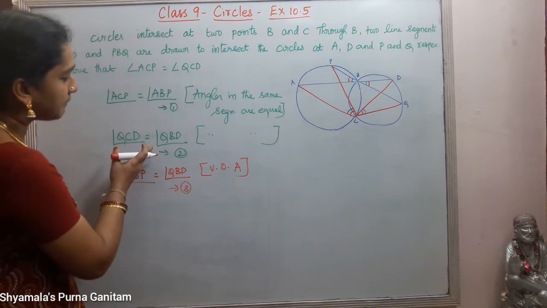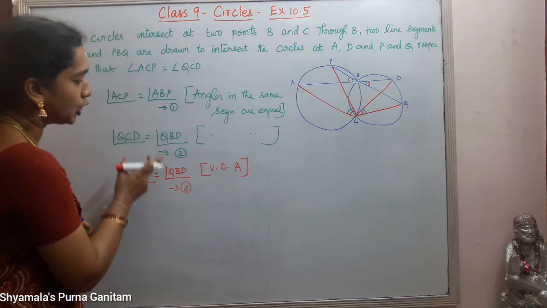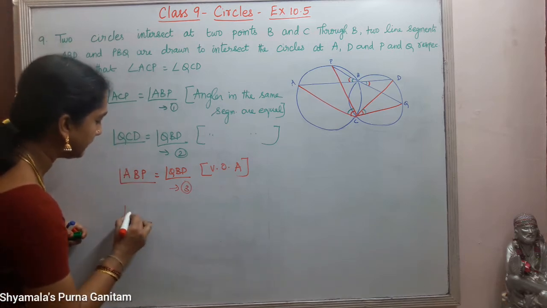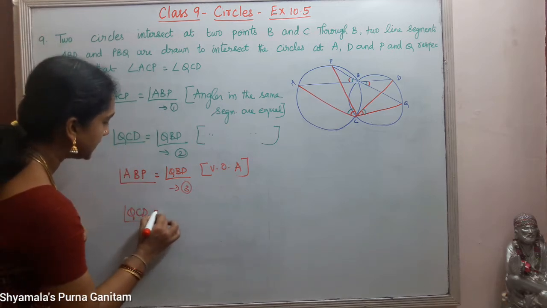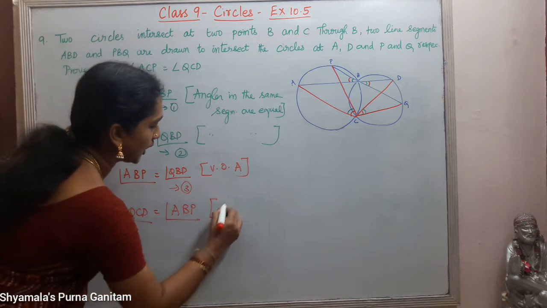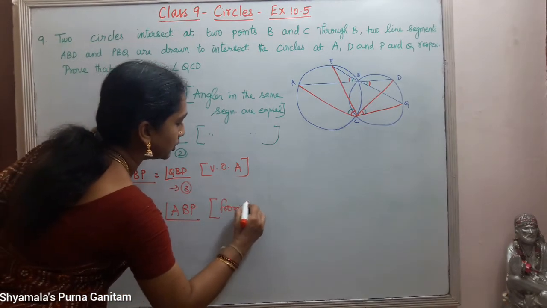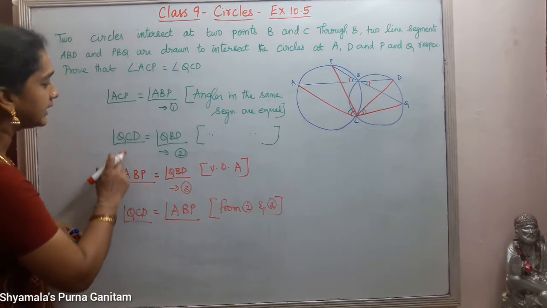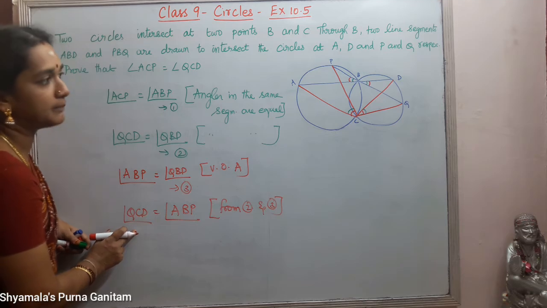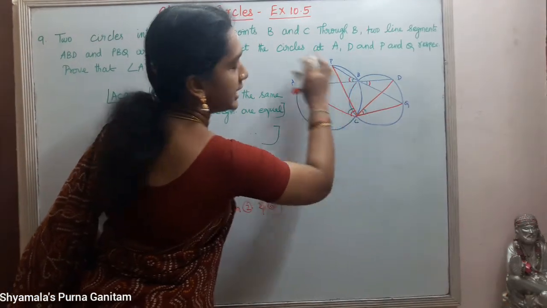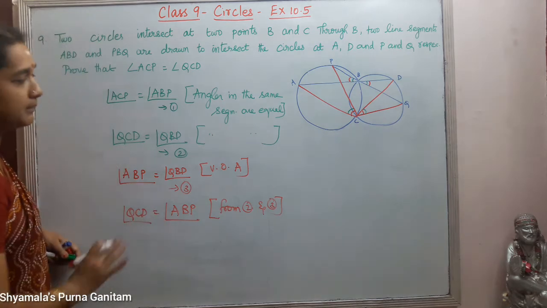Now when we compare the second and third equation, angle QBD is common. So from 2 and 3, we can say that angle QCD is equal to angle ABP. We take this as the fourth equation.